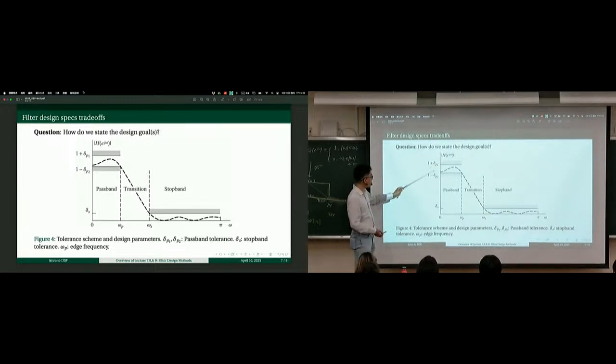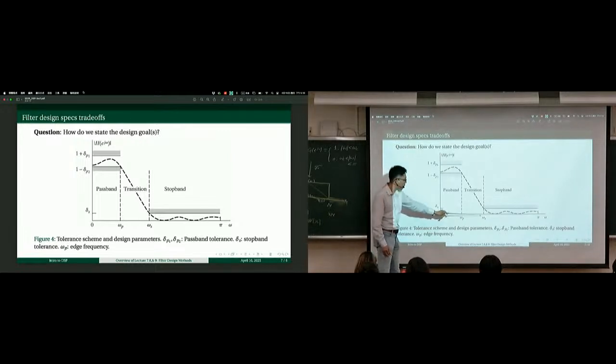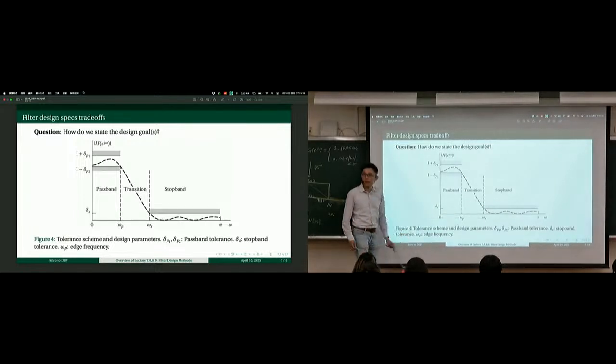So that's three tolerance parameters. You also specify the edge frequency for the passband and the starting frequency of your stop band, at a higher frequency than that. So that's the tolerance scheme.